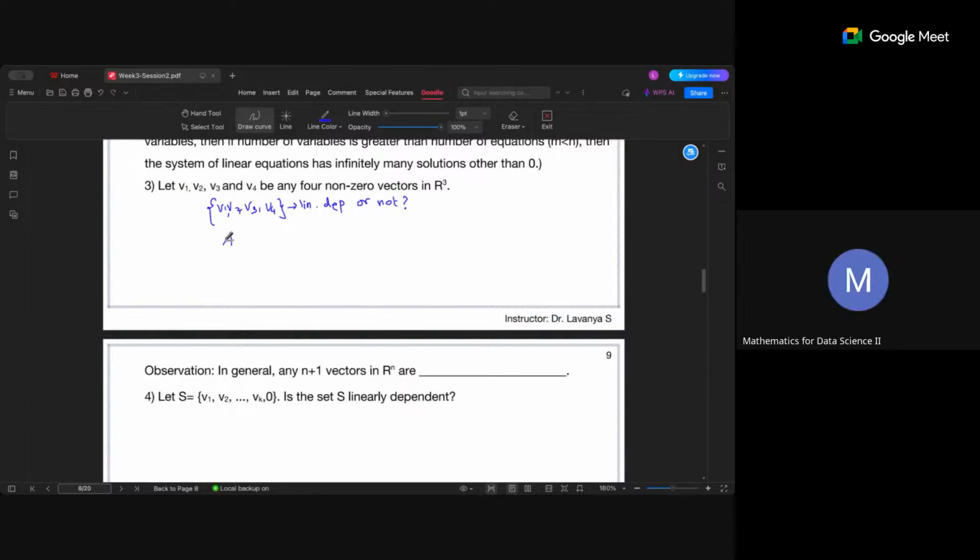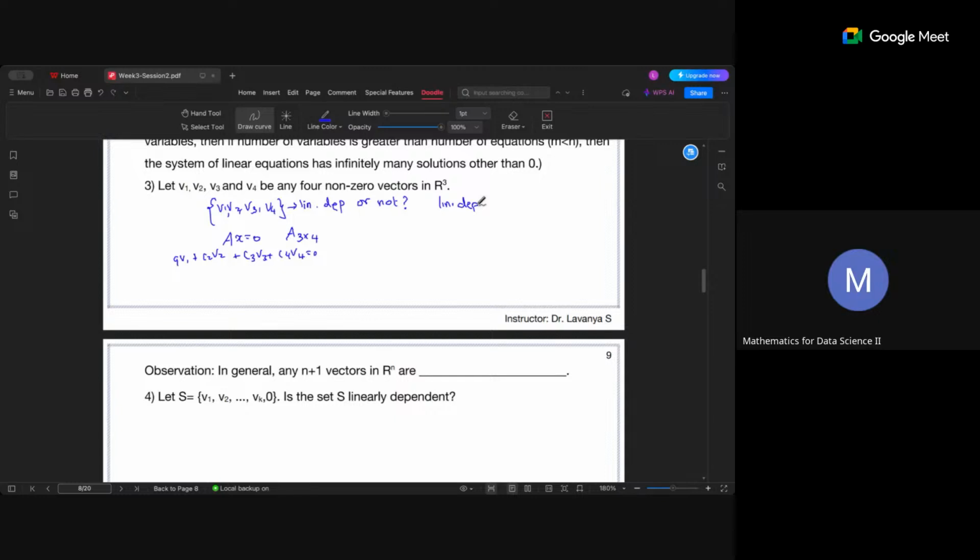So you would have obtained a matrix system Ax equal to 0, where A is a 3 by 4 matrix. Again, this system has infinitely many solutions. So you know that there is a non-zero solution for the equation C1V1 plus C2V2 plus C3V3 plus C4V4 equal to 0. So this is again linearly dependent.